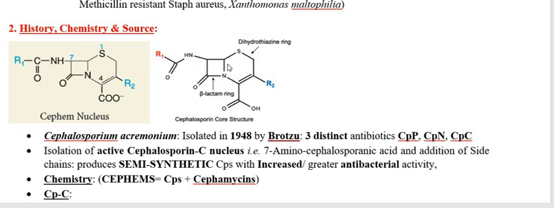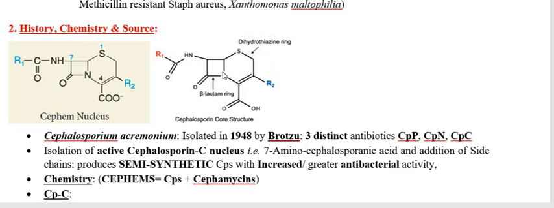It not only possesses this beta-lactam ring but also a side chain, R1, and a ring that we call the dihydrothiazine ring. In case of penicillin, this ring was called the thiazolidine ring.